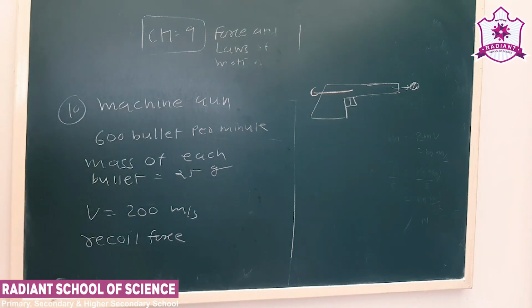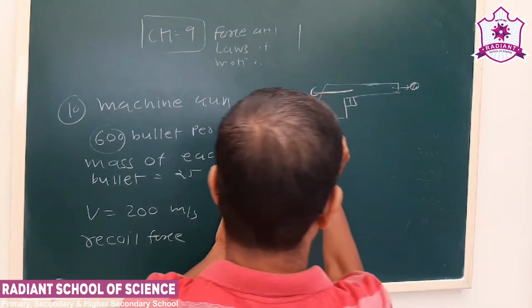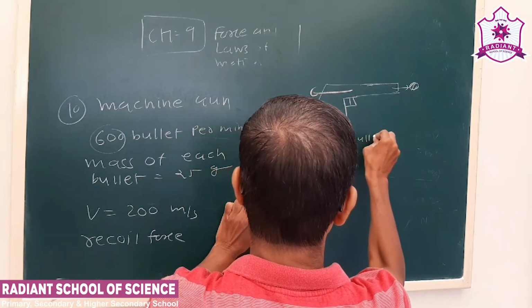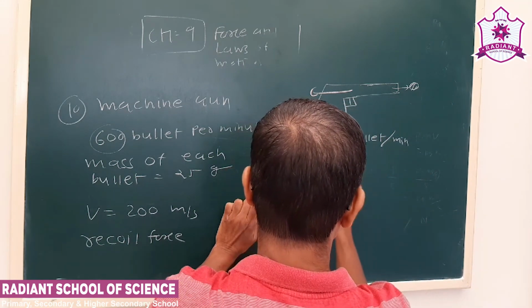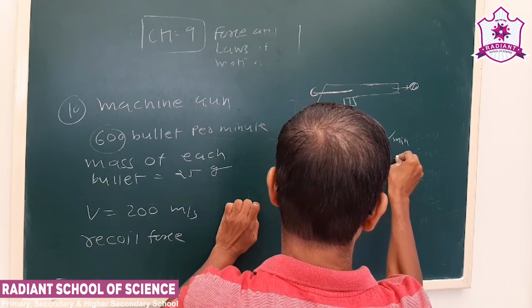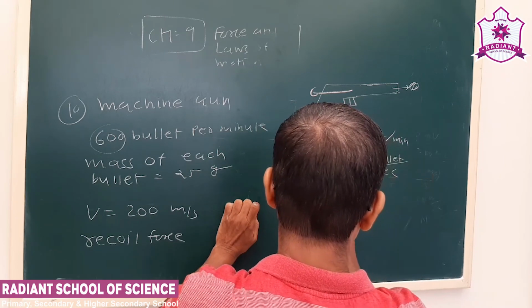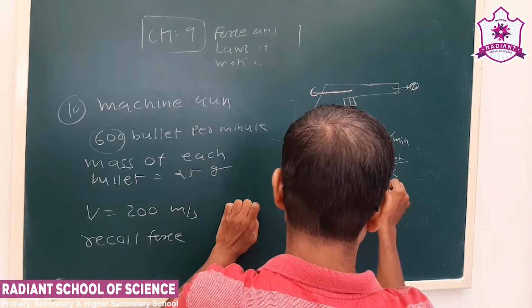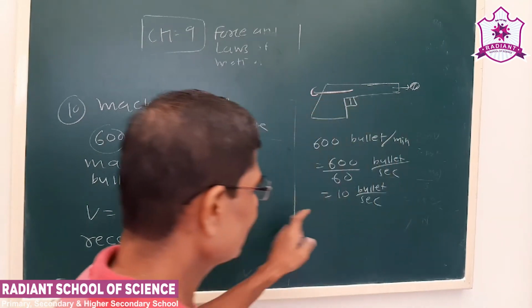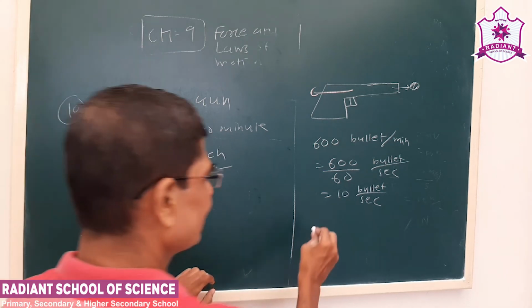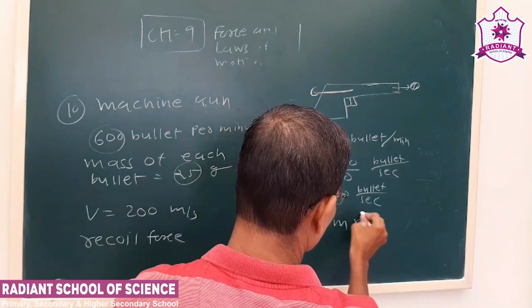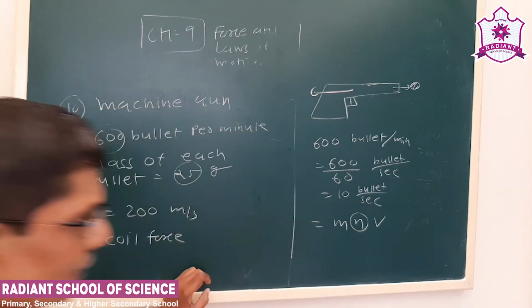Now see, let us say n bullets are fired. There are 600 bullets per minute, so 600 upon 60 bullets per second. So this is per second. Generally we use the formula m n v. m is the mass, n is the number of bullets per second, and v is the velocity.